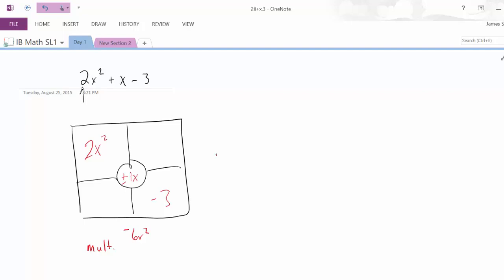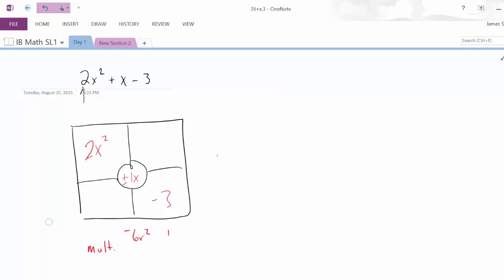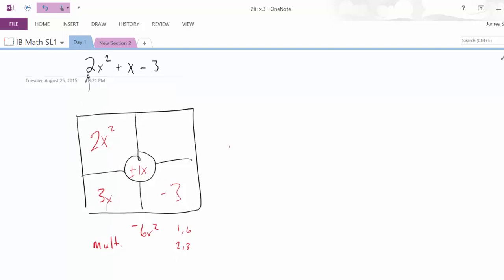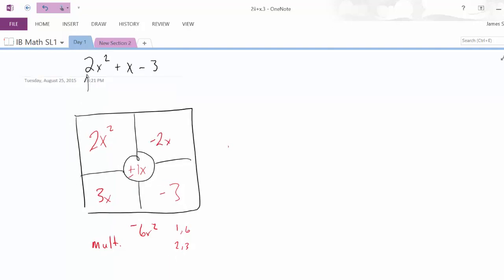And if you're not sure, you start making a list of factors for 6. So we could have 1 and 6, or 2 and 3. And we need it to be negative when we multiply, so there has to be 1 positive and 1 negative. So we could go 3x and negative 2x, like that. Do those add up to the positive 1x that I want? Yeah, they absolutely do. And they multiply together to give me this negative 6x squared that I needed.